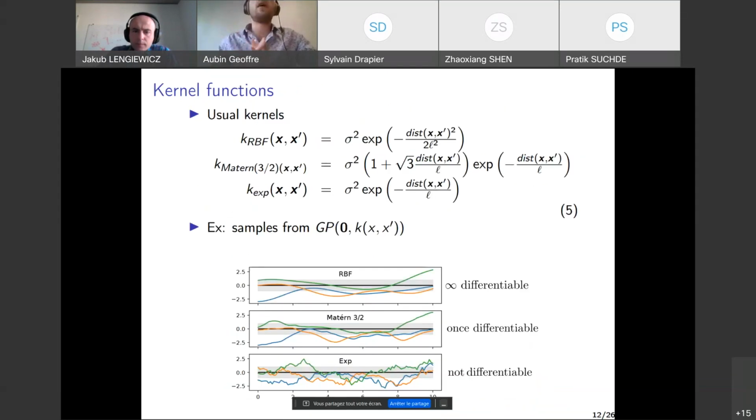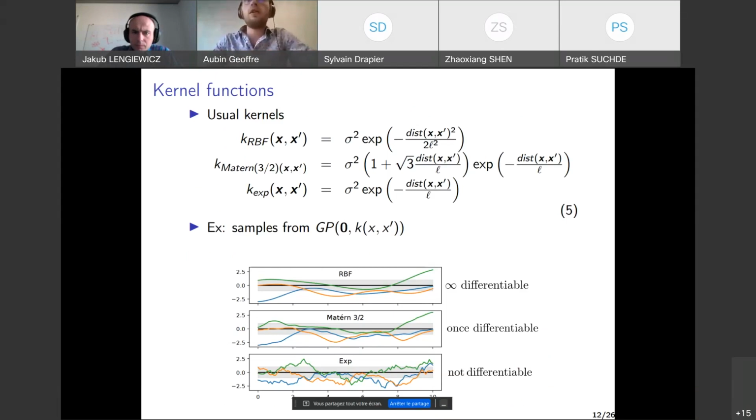There are plenty of kernel functions that you can use, and the main difference between them is how differentiable they are. The most common one is the RBF kernel. It's basically a squared exponential that has the particularity to be infinitely differentiable, so the behavior will be very smooth.